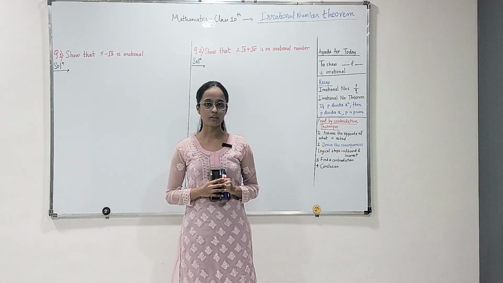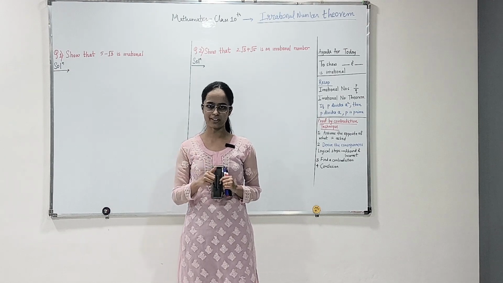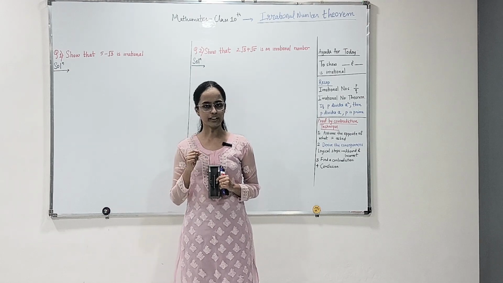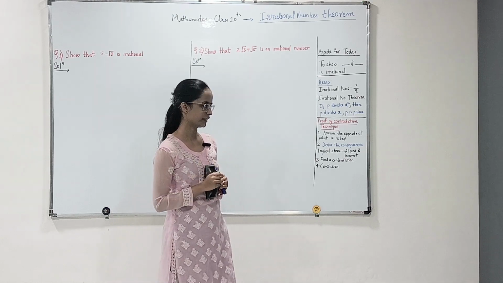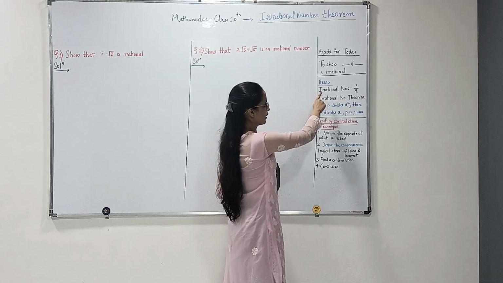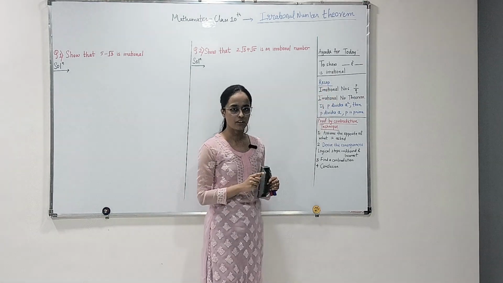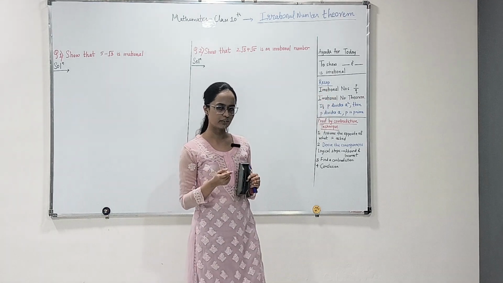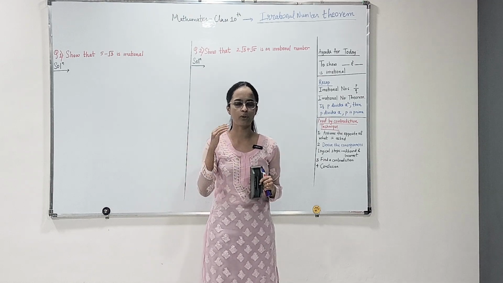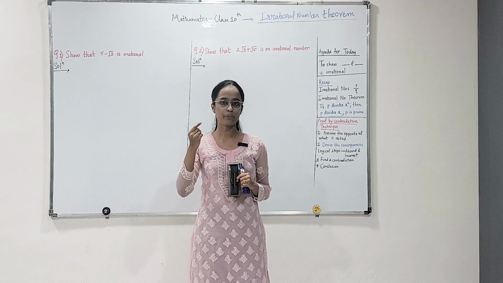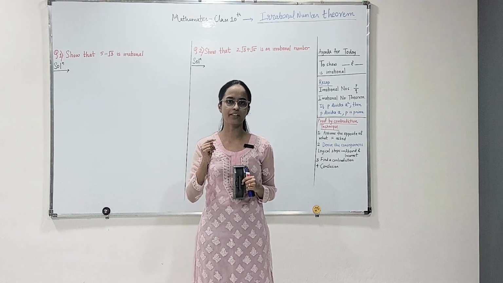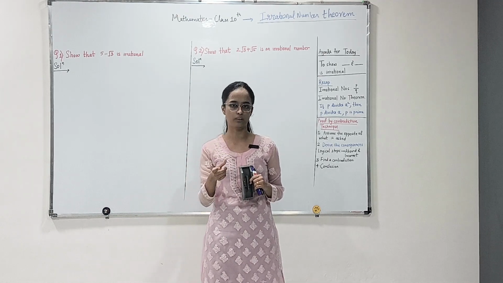In today's class, we are going to see the continuation of the last class, that is about the irrational numbers. So let me just recap the last class. In the last class, we studied about irrational numbers, like what is their definition. We all know that any number of the form p by q, where q is not equal to 0 and p and q are integers such that they are co-prime to each other, is a rational number.